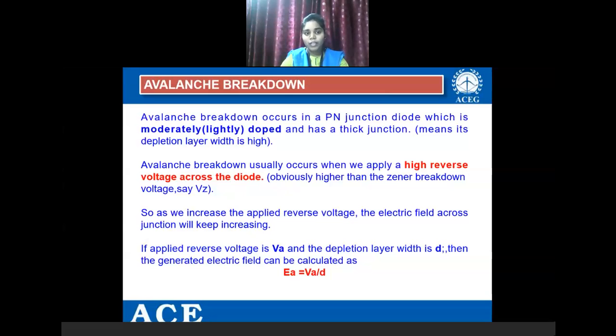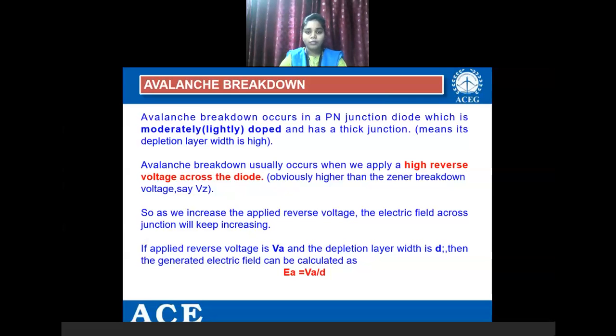This is why your PN junction diode is going to conduct very heavily in reverse bias condition, which leads to what? Breakdown. So that is why we are not exceeding the breakdown voltage of a PN junction diode.